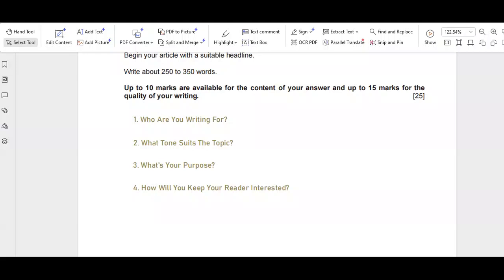The fourth and last question was, how will you keep your reader interested in the article? You may vary your sentence length and style. You may start with very short and precise sentences, but gradually, as you proceed with the main body and the arguments that you want to present in the article, you can use compound and complex sentence structures. You need to avoid monotony.